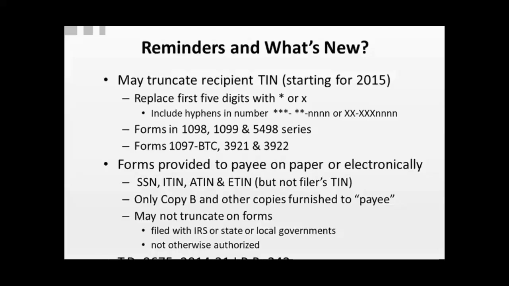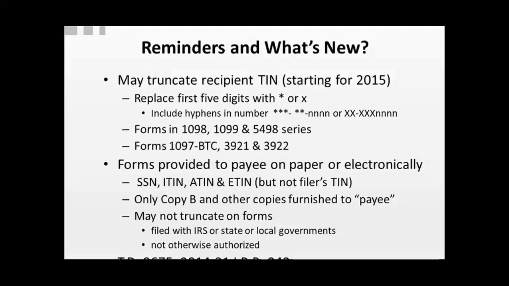There's also some other forms that have been issued since then that are not on that list in the Treasury decision. If the truncation is allowed, it will indicate that in the specific instructions for the form. Now, the truncation is only allowed on copy B and other copies furnished to the payee.